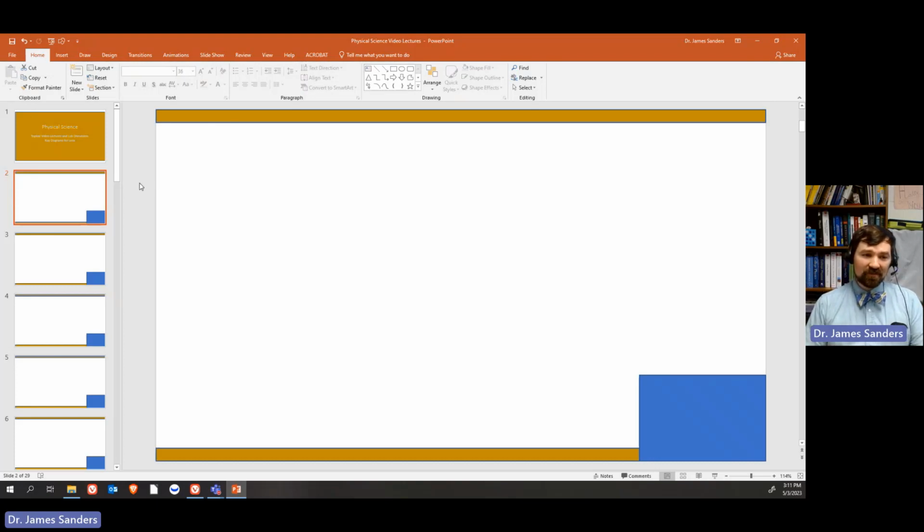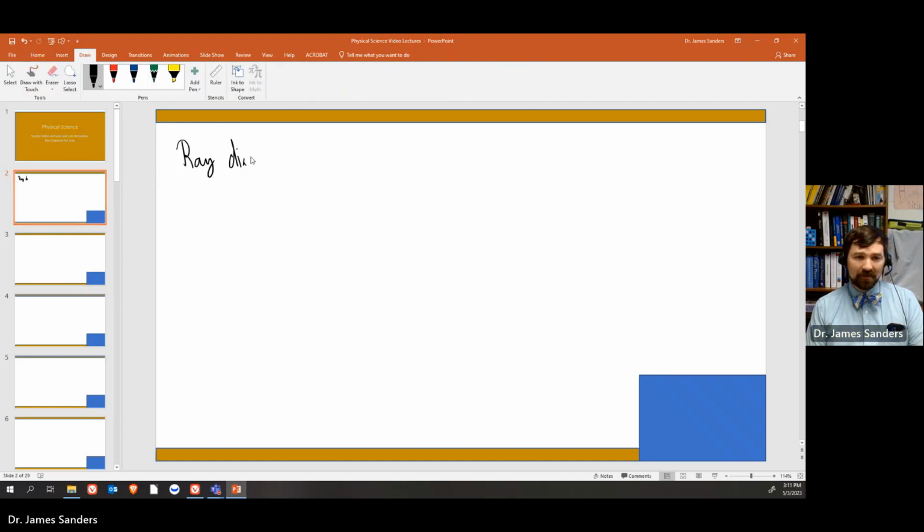The main purpose of a ray diagram is you're drawing light rays. So a ray diagram is to sketch or draw light rays to, let's say, make sense of an image or to describe an image.